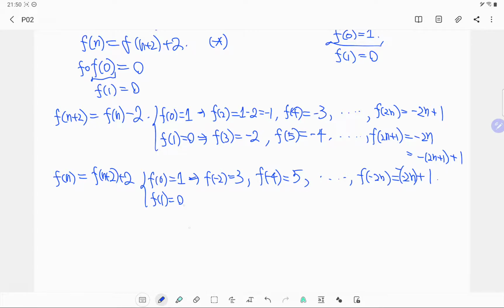So we can make use of f(1) is equal to 0, so that we can have f(-1) is equal to 0 plus 2, which is 2.